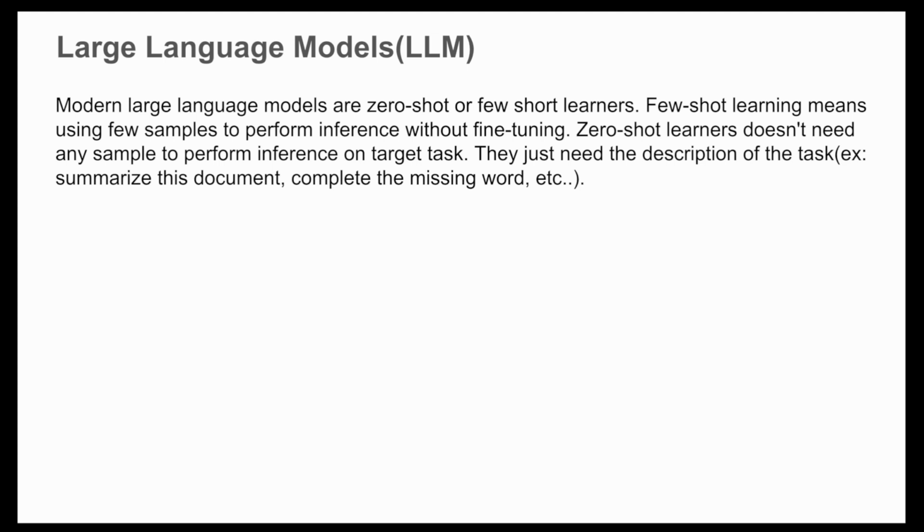You can just prompt the model, and the model can do whatever you want it to do. You can tell it to summarize a particular document, you can tell it to complete the missing word, and that's it. The model just does it. I will return to this later, especially looking at GPT-3, because it is one of the models that showed that large language models can actually perform few-shot or zero-shot learning.